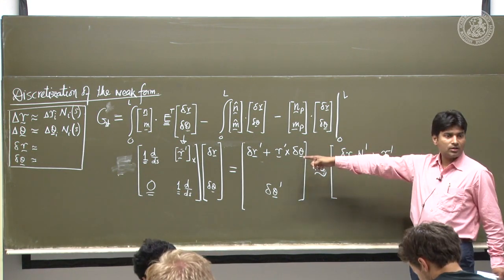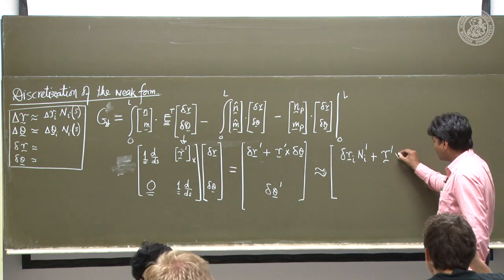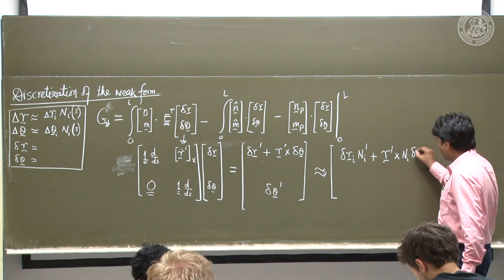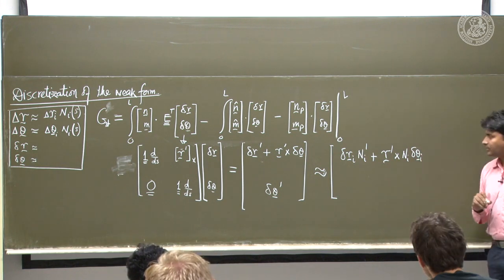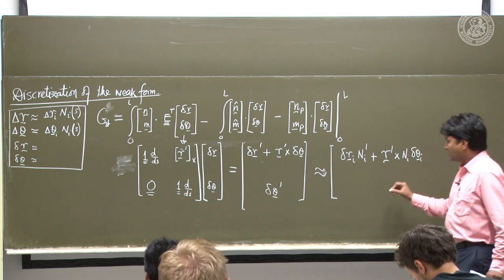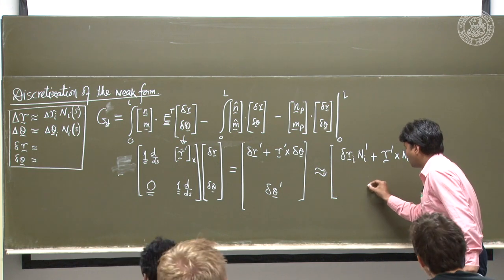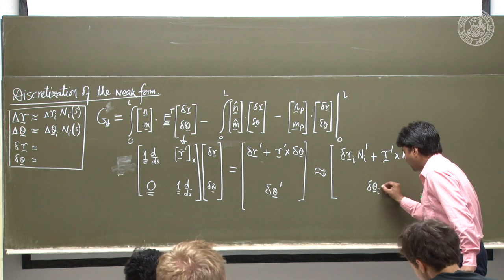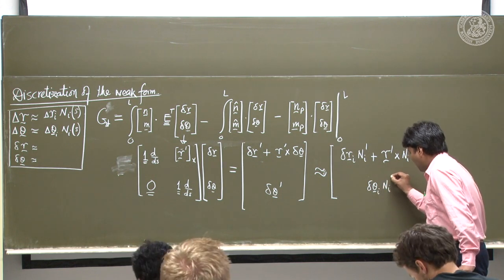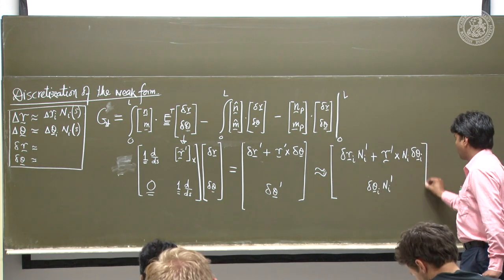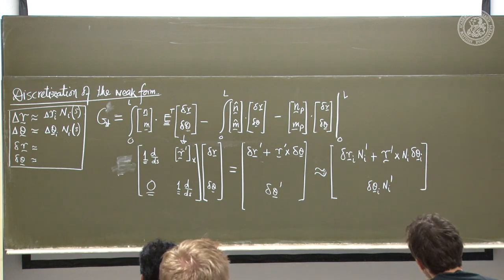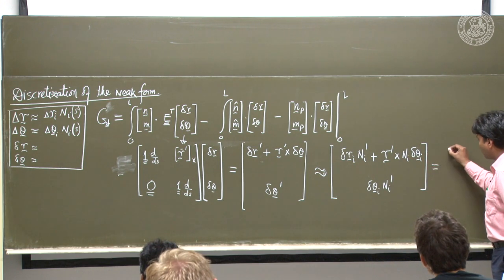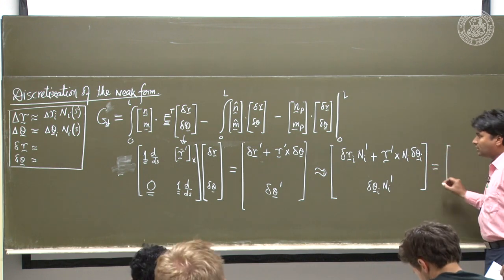Cross del theta also becomes cross n_I del theta_I, and then del theta prime becomes del theta_I n_I prime.